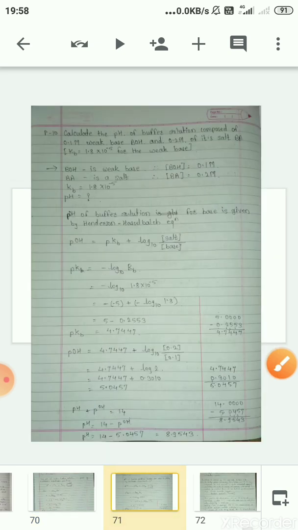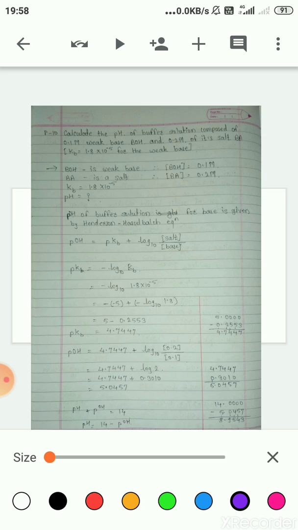Okay, let's go to the next numerical. See, first look at the numerical. Calculate the pH of buffer solution composed of 0.1 molar weak base. Which base have we been given? BOH, and 0.2 molar salt BA.